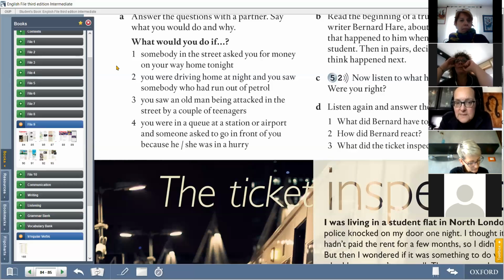The problem is that it happens at night and probably being a woman, it's difficult to help somebody at night. But I can call the police, for example, to help him. Him or her, yeah, sure.